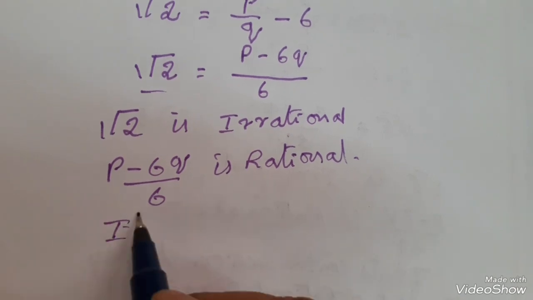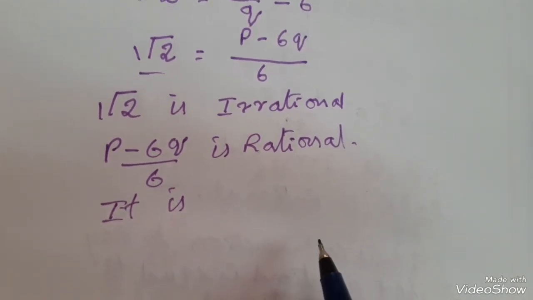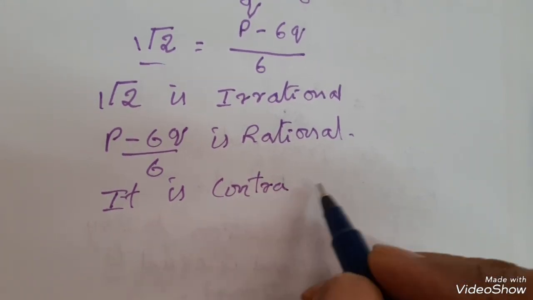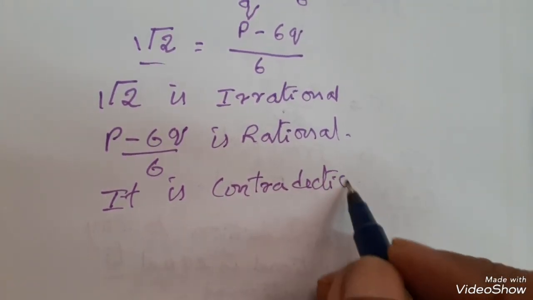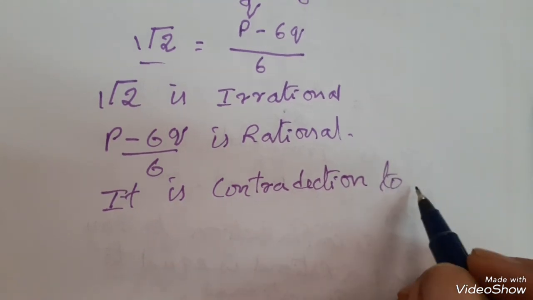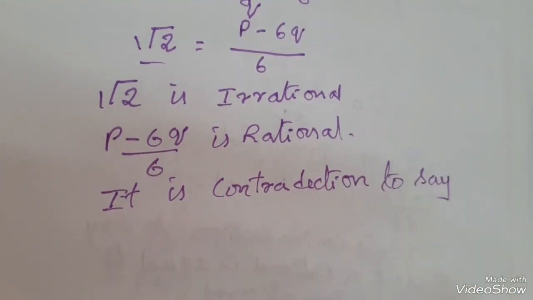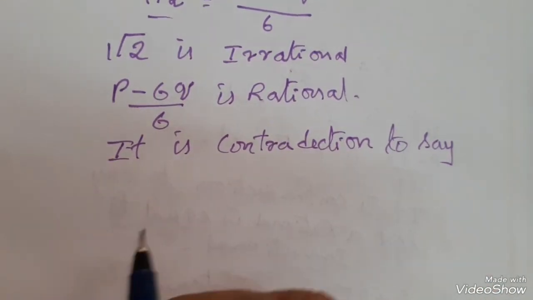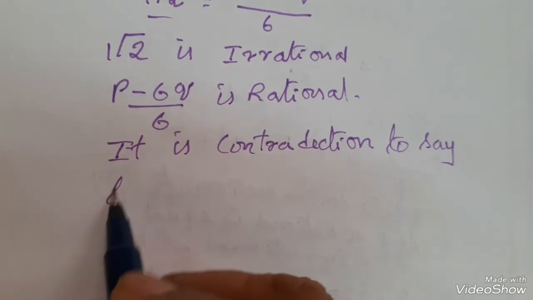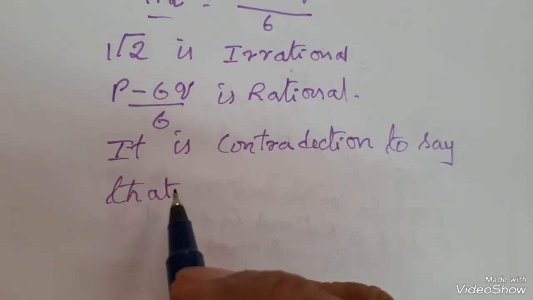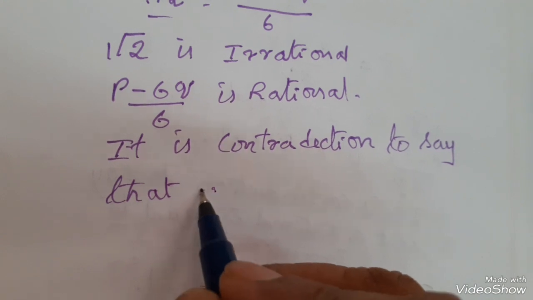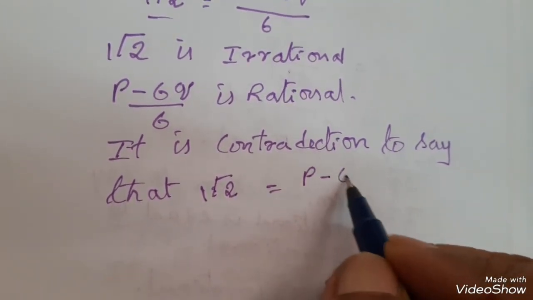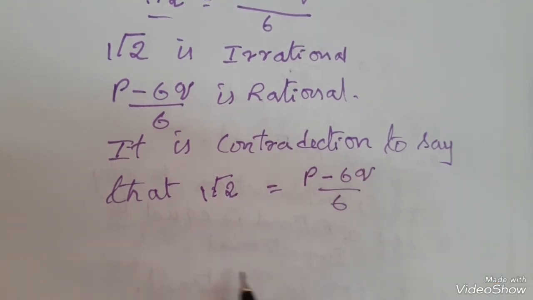So it is a contradiction to say that root 2 equals P minus 6Q by Q. Why?